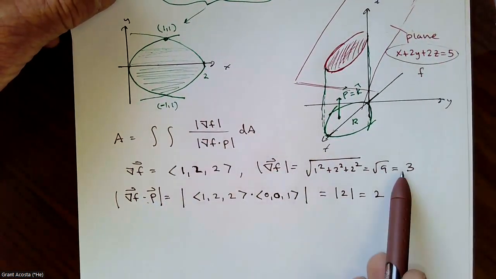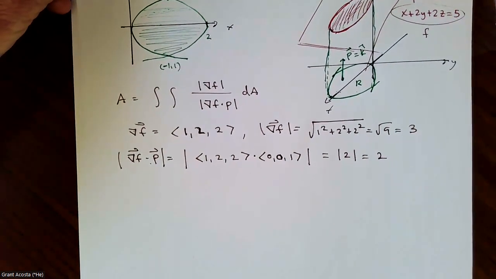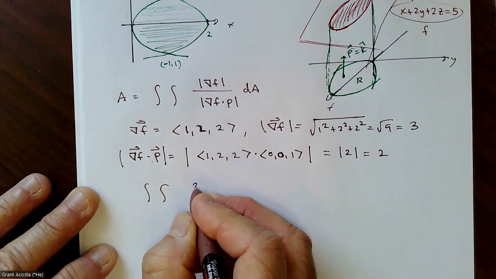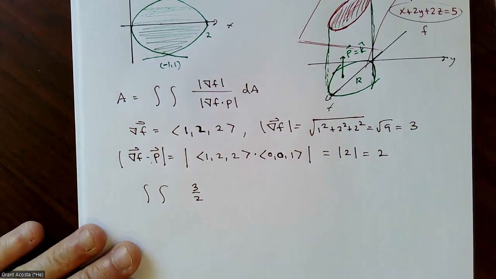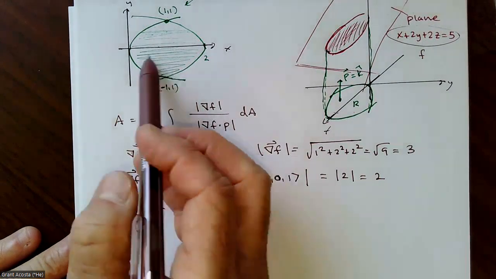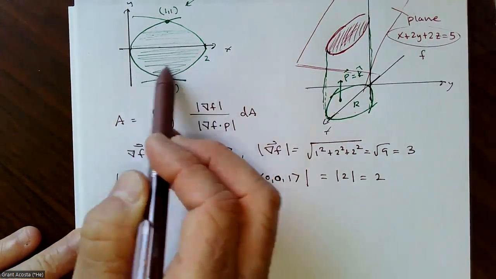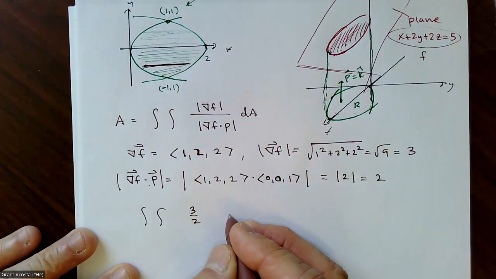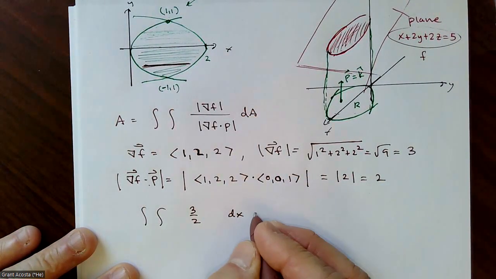The numerator is just 3, the denominator is 2, so I just need to do the integral over this region of 3 halves, and then just put limits over this region here. This one's going to work out better if I do horizontal cross-sections, so I'm going to want to do this as a dx dy integral.